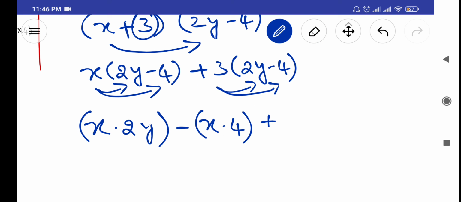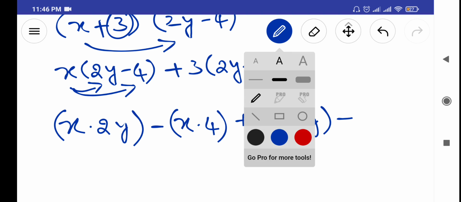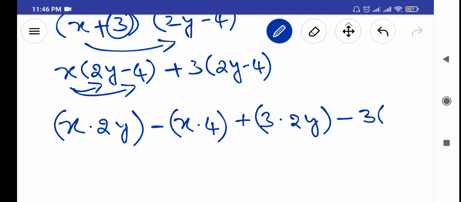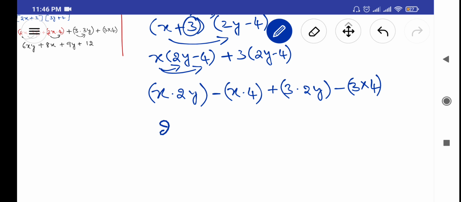Similarly plus 3 into 2y, and 3 into minus 4: plus into minus is minus, so minus 3 into 4. I am keeping 'into' normally here because there is no variable. So finally x into 2y is 2xy, minus x into 4 is 4x, 3 into 2 is 6y, and minus 3 into 4 is minus 12.